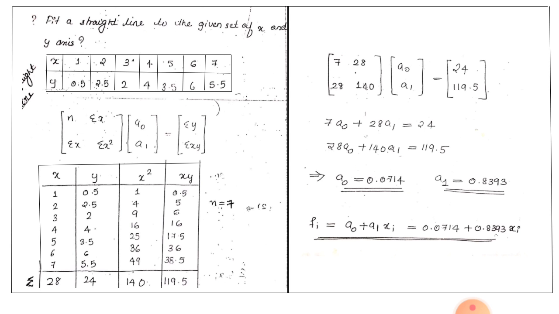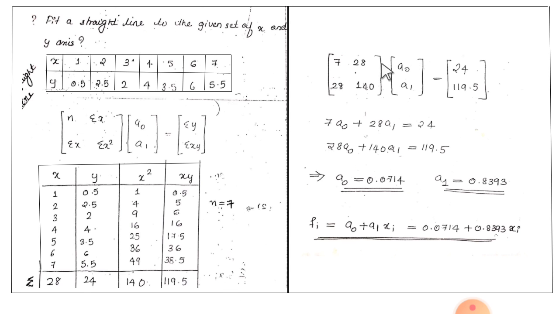How it will change depends on how we denote the value. So here you have to find the values of the constants a0 and a1, which can be found from the above equation.